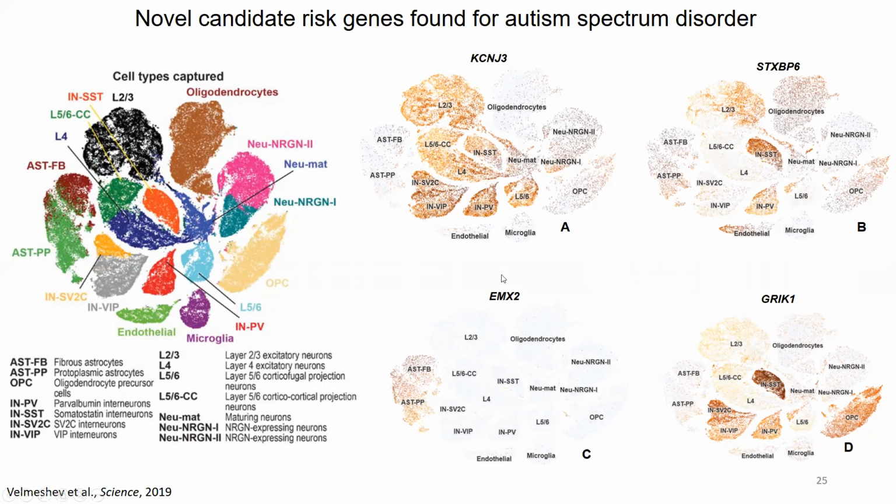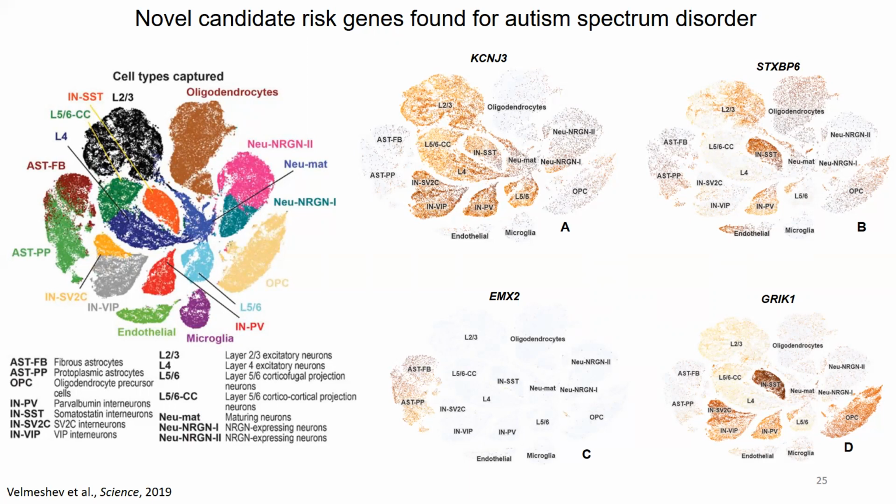By this, we made interesting findings, where we found that 21 candidate genes, which were among the top 30, I think, MAPS hits, are in fact dysregulated in specific cell types. And these genes have not been identified before to be dysregulated in autism.